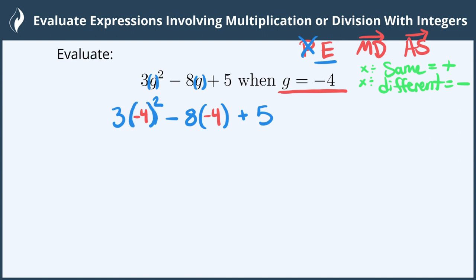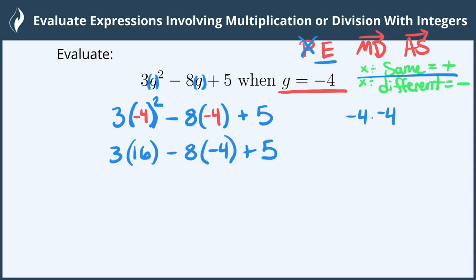Because the -4, all of it is being squared, this is -4 times -4. -4 times -4 shows that I have signs that are the same, and so it will be positive. 4 times 4 is 16, and so this answer is positive 16. I'll keep it in the parentheses so that I clearly know that that is being multiplied, and copy everything else down exactly as it was in the step before, because we have not completed those operations yet.